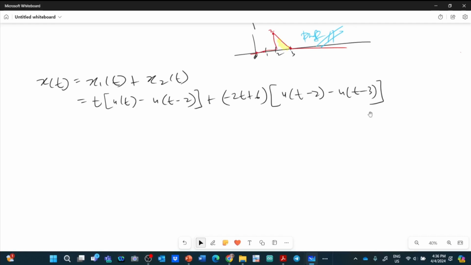So we are going to expand this. Let's expand t u(t) minus t u(t minus 2).